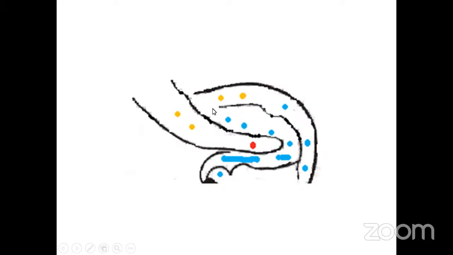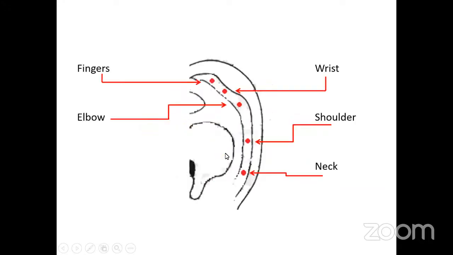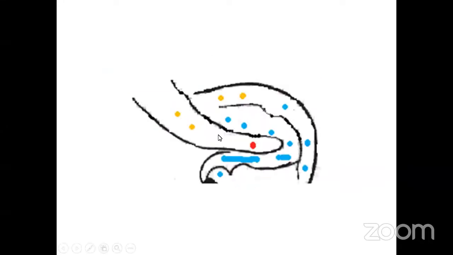Very good. Correct. Lower esophageal sphincter. Esophagus. And this entire area is the diaphragm. Very good.